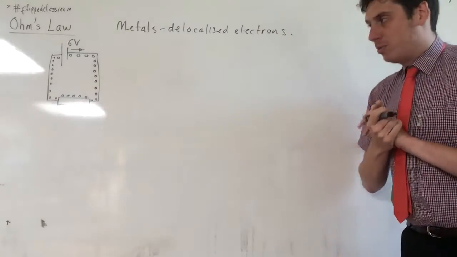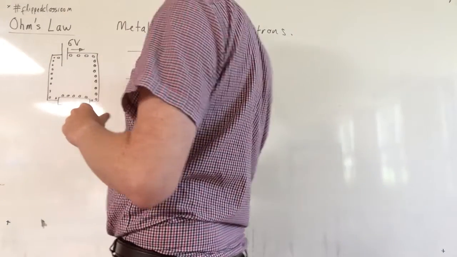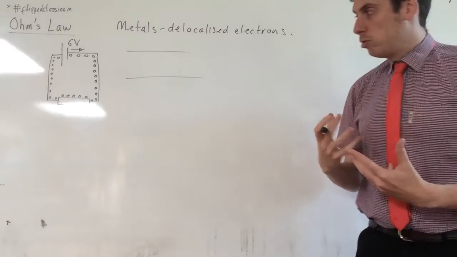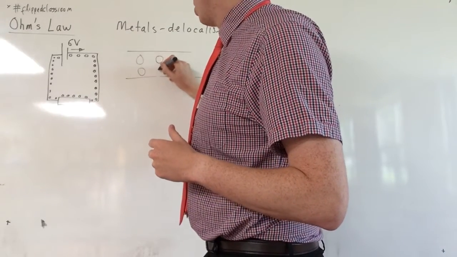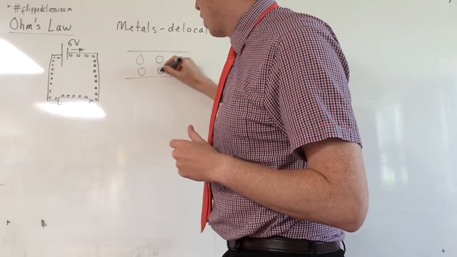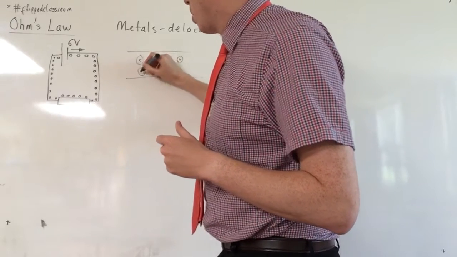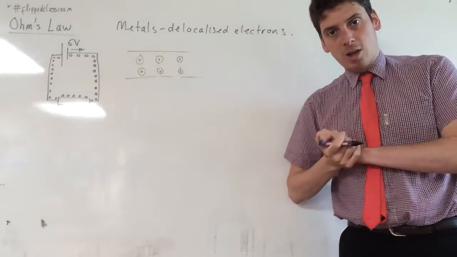Now, the problem with this is heating. If we think back to what's in a metal, and we think about the positive ions that are in place, what's going to happen to those positive ions when it gets hot?